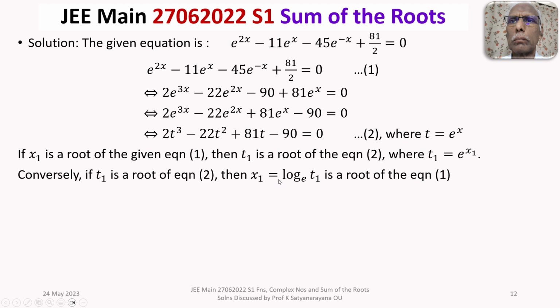That will be x1 is equal to log t1 to the base e. So you take t1, a root of the second, take the logarithm to the base e, then that will be the root of the equation 1. So that is the transition of roots from equation 1 to 2 and conversely from equation 2 to 1.